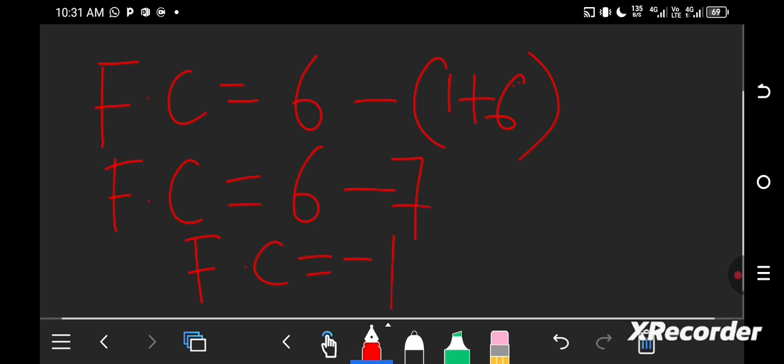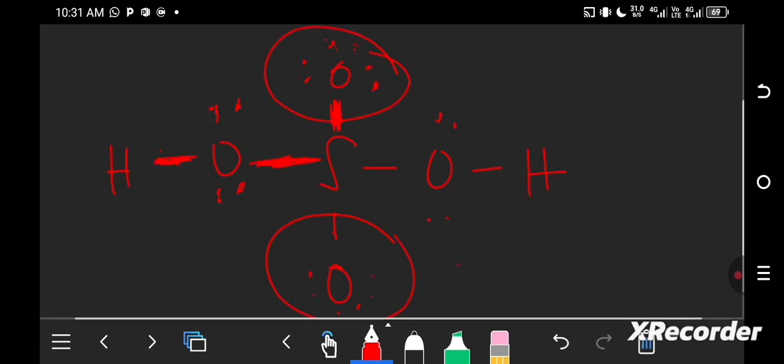Okay, so you can see that it's giving us -1 as the formal charge at that point. Okay, so what you need basically to understand is that when you are dealing with this particular question, you need to make sure that you write the balanced equation.